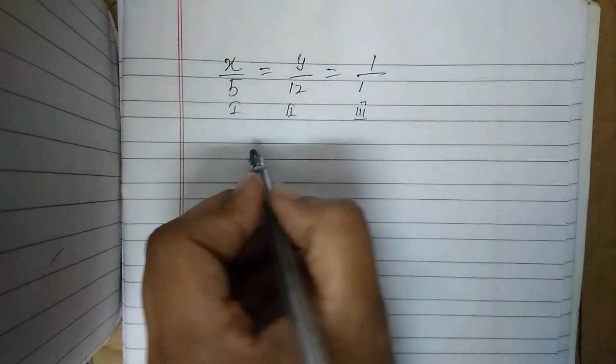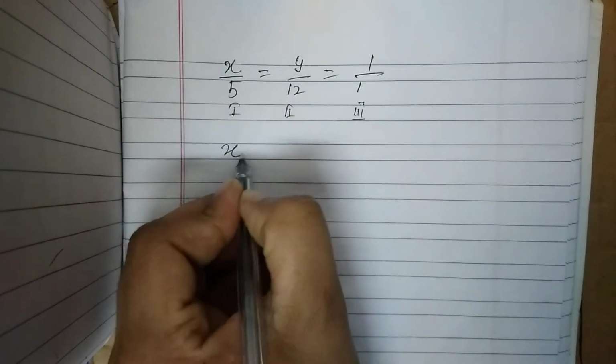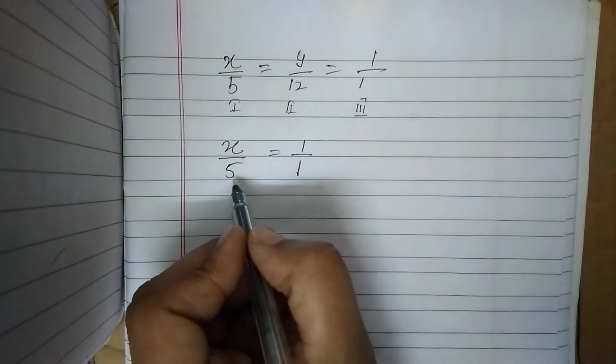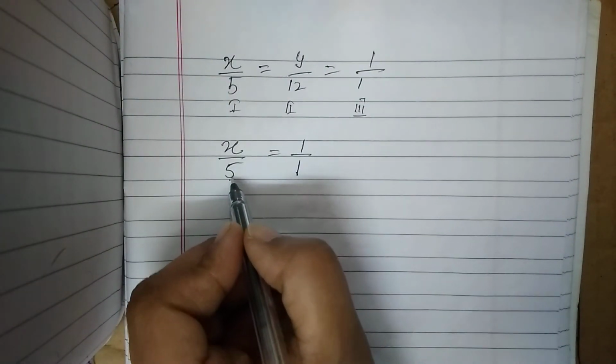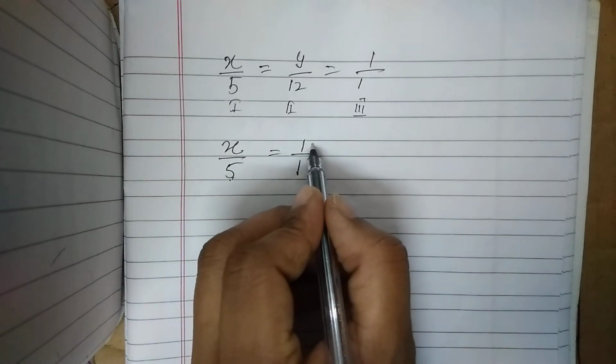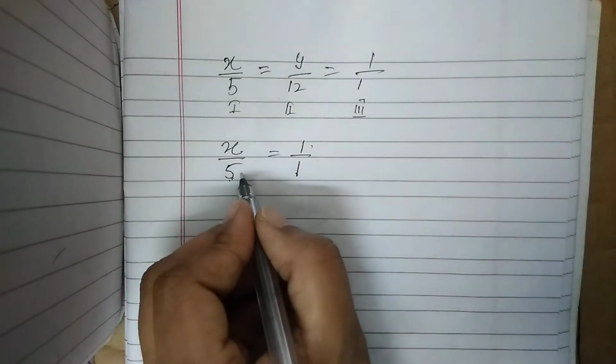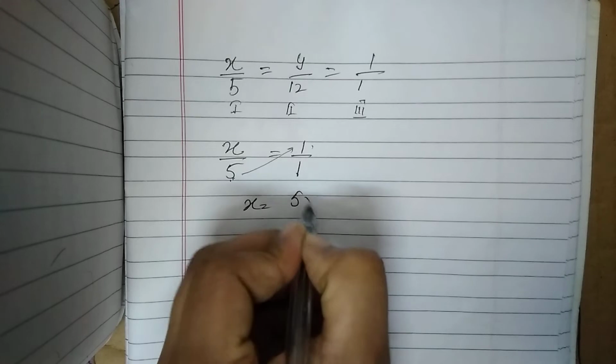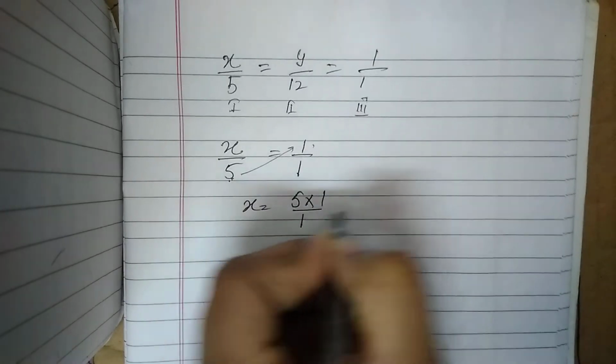For solving x, taking the first and third term, x upon 5 equal to 1 upon 1. So shift this value to the numerator on the right side. So x is equal to 5 into 1 upon 1, that is 5.